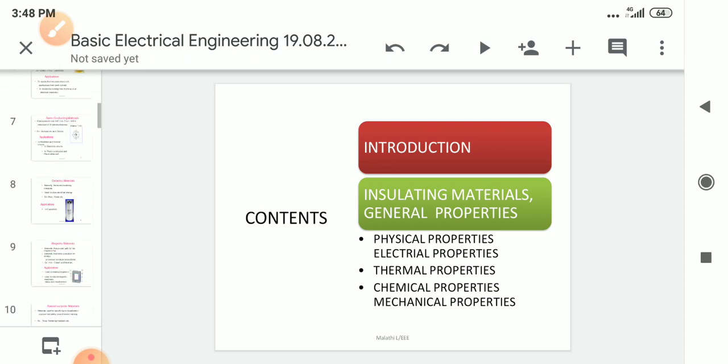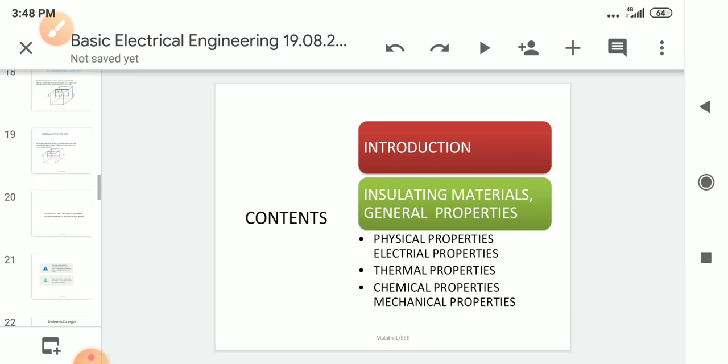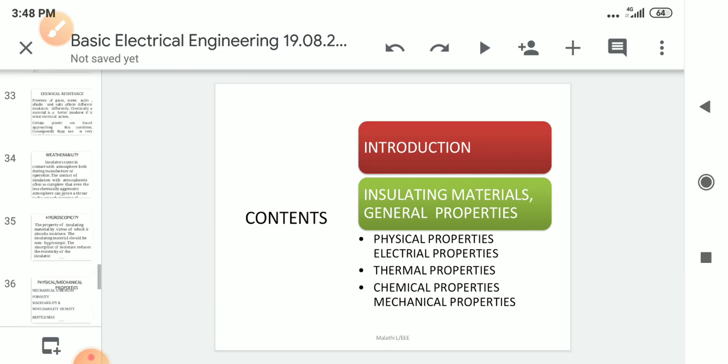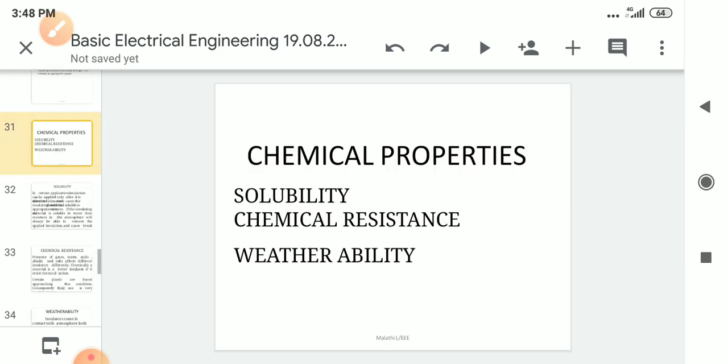Now we have to study the chemical properties. Chemical properties are solubility, chemical resistance, weatherability, like that.